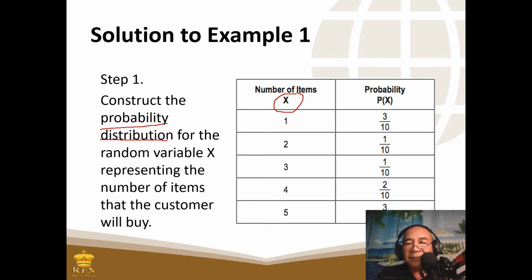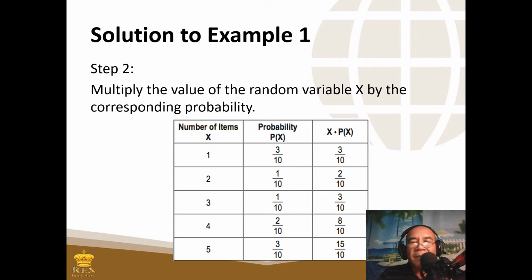It is the same process that we used in the example we solved a while ago. Step number 2, multiply the value of the random variable x by the corresponding probability. So all you have to do is multiply 1 times 3 over 10, it's 3 over 10. 2 times 1 over 10 is 2 over 10, and so forth.